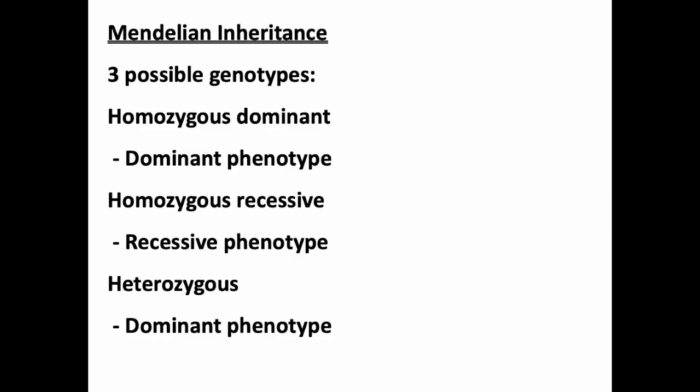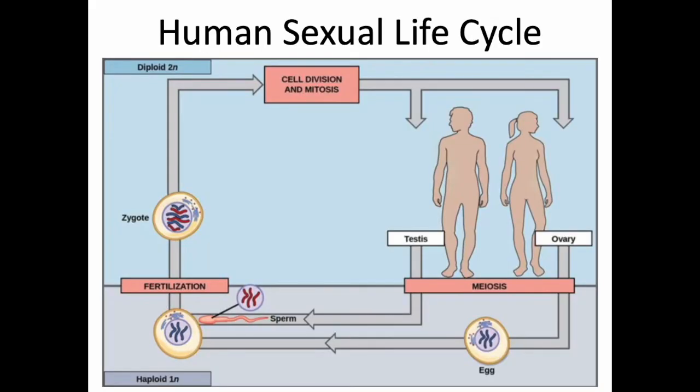Let's turn our attention now to inheritance, to how these traits and these alleles and genes are passed from parents to offspring. This should look familiar. I used this in an earlier chapter talking about reproduction. Both parents, whether they're humans or pea plants, are going to be diploid.